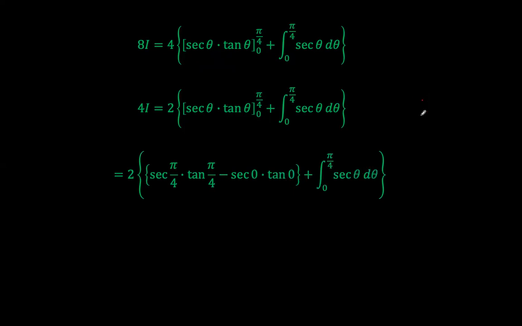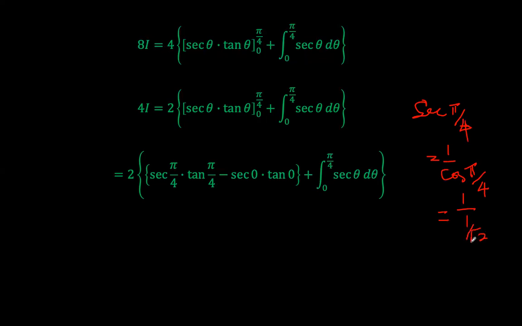So sec pi over 4 is the same as 1 over cosine pi over 4. And we know that cosine of pi over 4 is the same as cosine of 45 degrees, which is 1 over square root of 2.